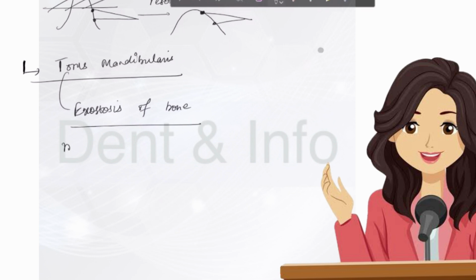More commonly seen in mandible than maxilla. In maxilla, it is located in the palate. On mandible, it is located on the lingual border, usually in the middle portion of the alveolingual sulcus. It is a completely benign overgrowth of bone.